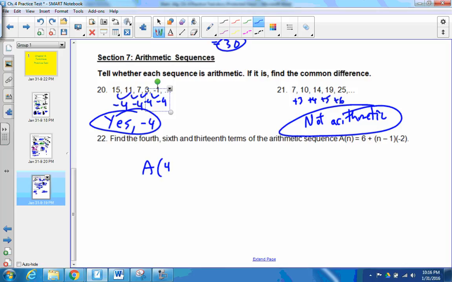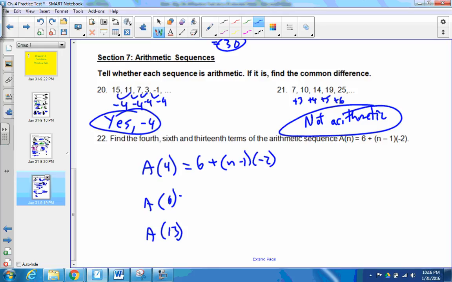We're going to find the 4th, the 6th, and the 13th term, so we're going to plug in for the n. 6 plus n minus 1 times negative 2. Here we use 4, here we use 6 minus 1, and this one we're going to do 6 plus 13 minus 1 times negative 2.